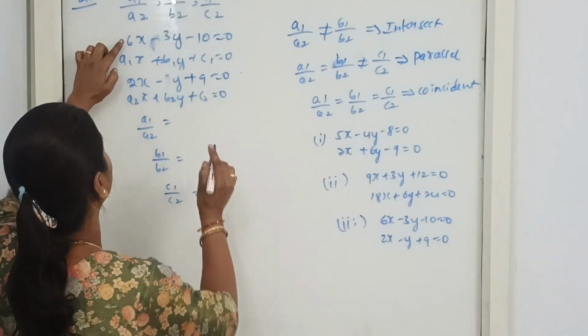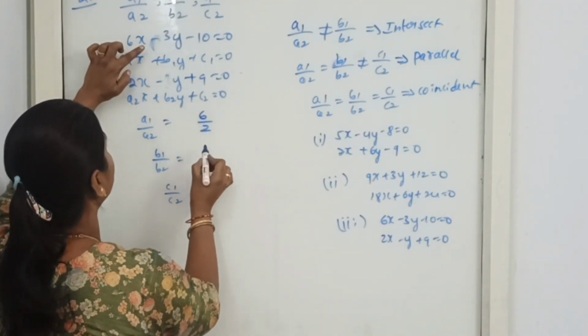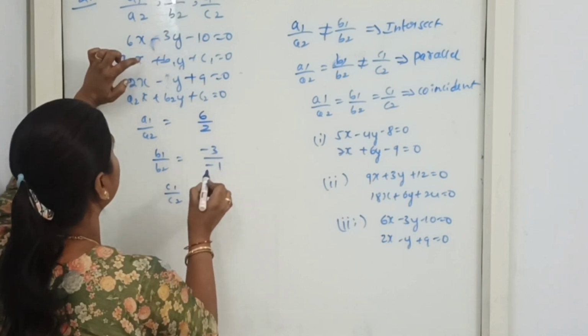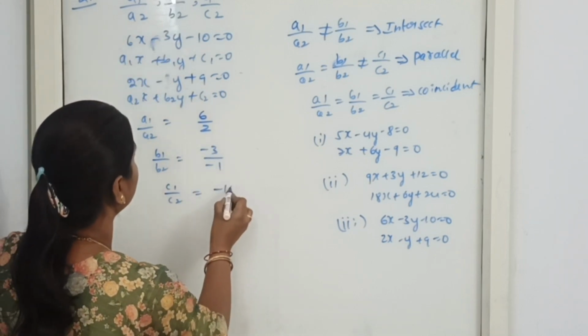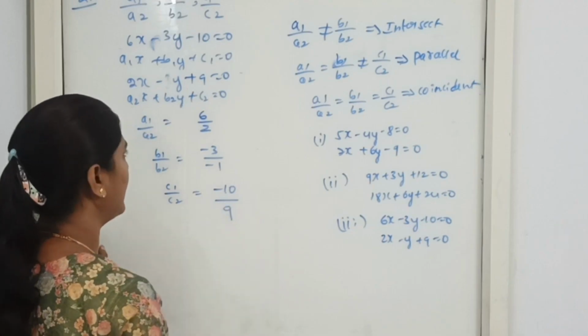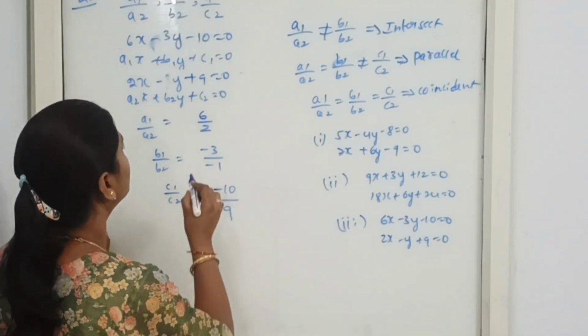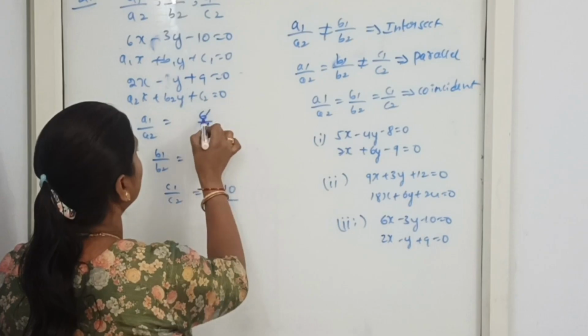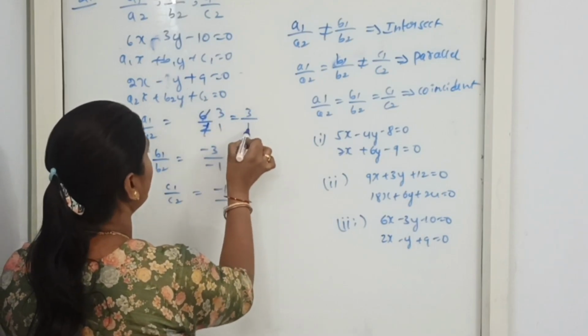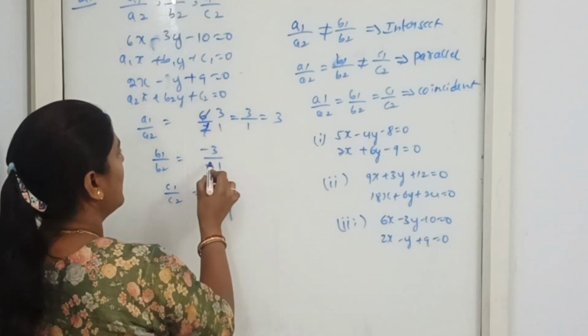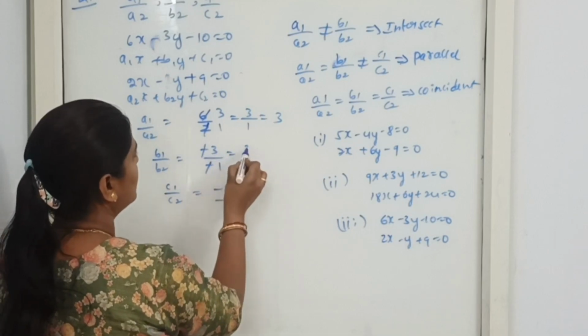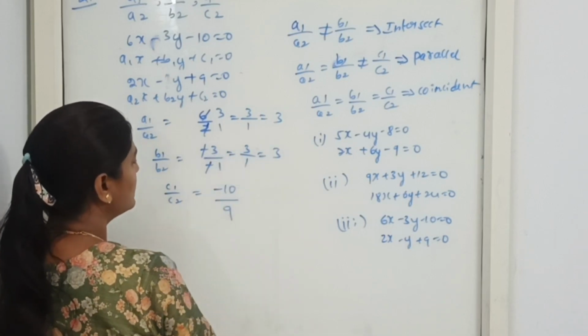What is A1 by A2? 6 by 2. B1 by B2, minus 3 by minus 1. And C1 by C2 is minus 10 by 9. Okay. And here 2 ones are 2, 2 threes are 6, so 3 by 1 is nothing but 3. Minus minus getting cancelled, 3 by 1 is nothing but 3.